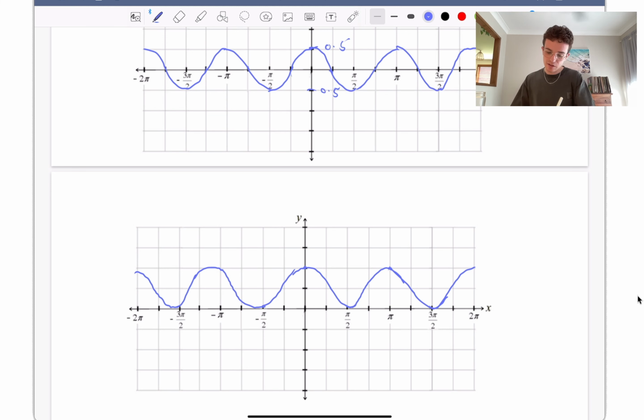There we go. That is y is equal to a half plus a half cos of 2x.